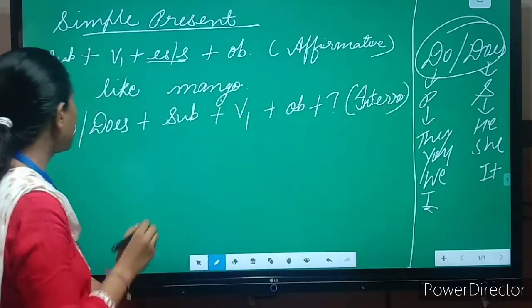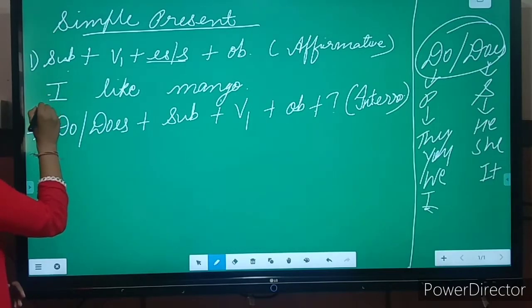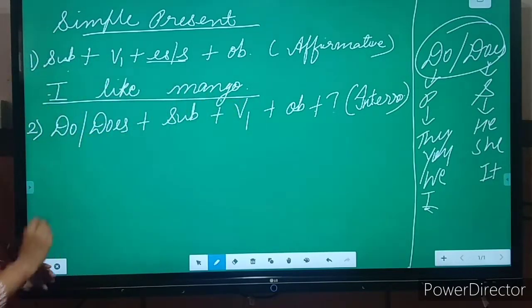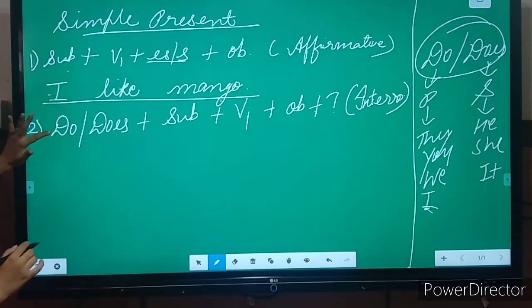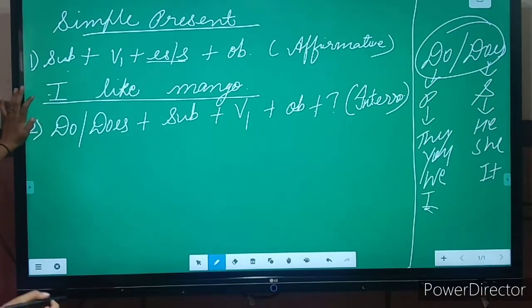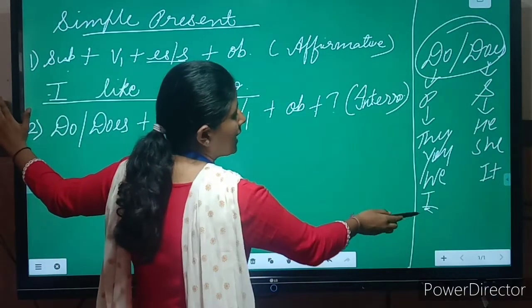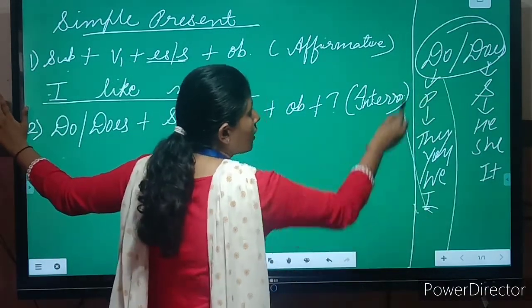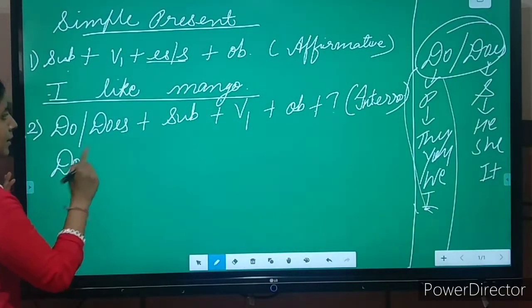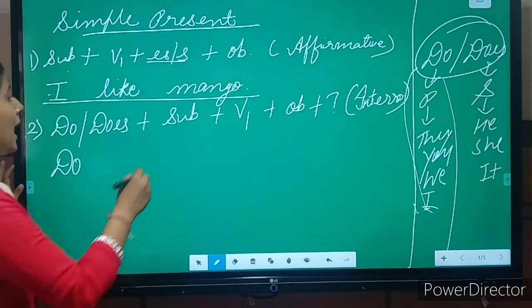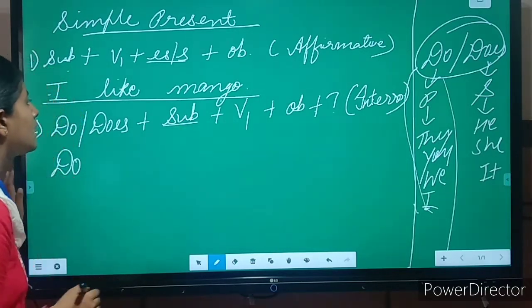Now let's change this sentence into interrogative. How will we do it? Look, first of all we will go according to the structure. Here it is written do or does. Which one do we have to use? We have to use do, because the subject is I. And then what is the subject?